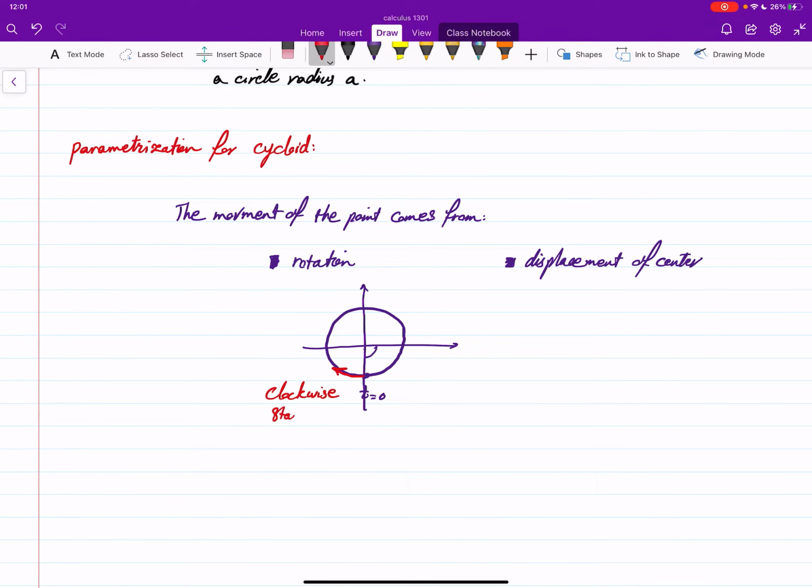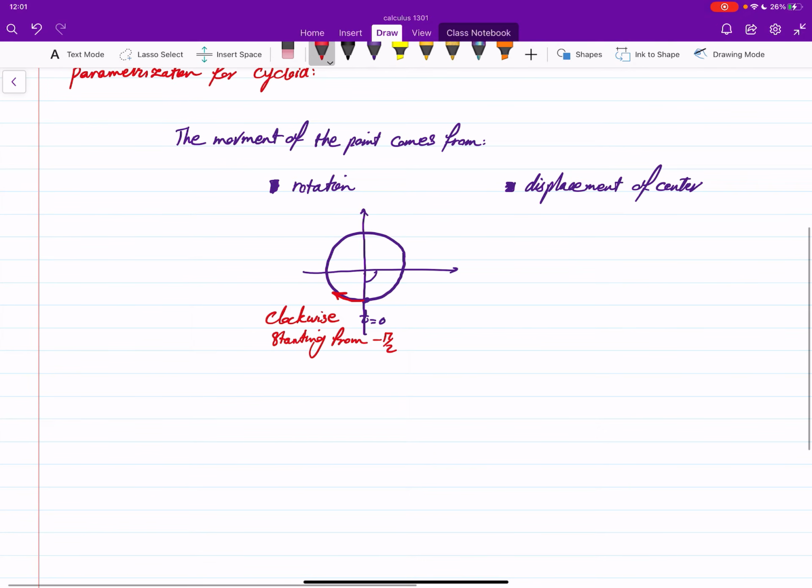So I can use the parametrization I know for a circle: x is a cosine of something, y is a sine of something.